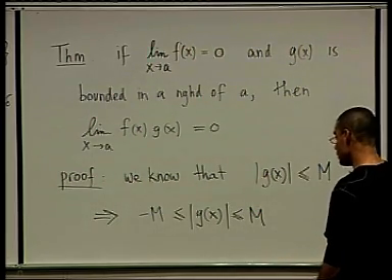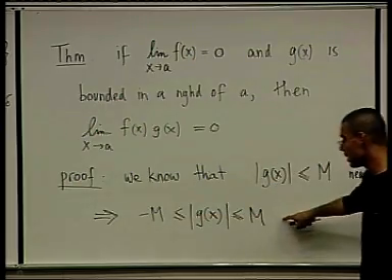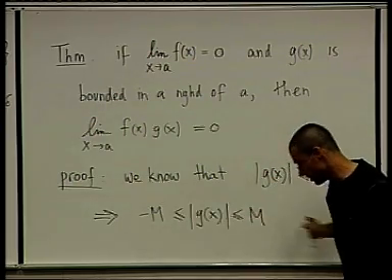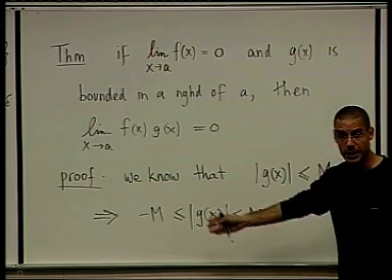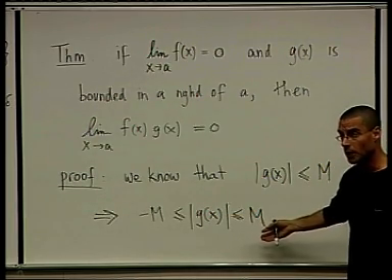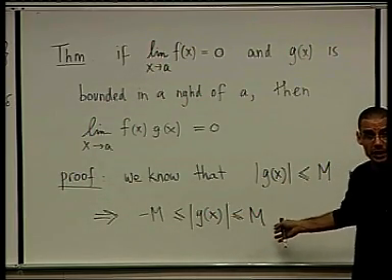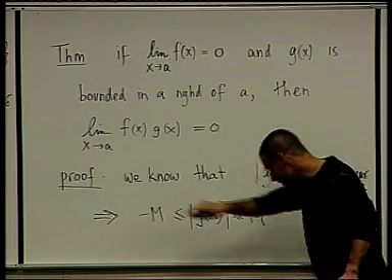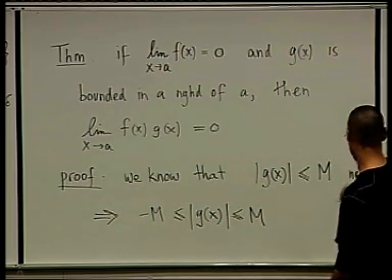What I want to do is take this statement and multiply it throughout. This is an inequality. If I don't want to change the direction of the inequality, I have to multiply it by something non-negative, right? So I'm going to multiply this by f of x in absolute value.